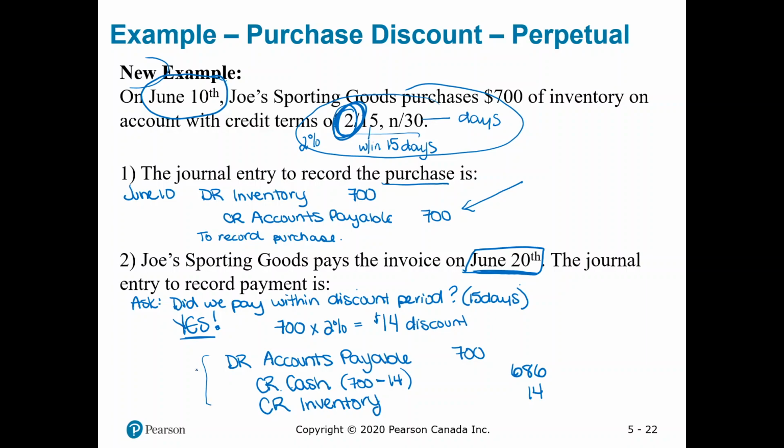You get rid of the full amount of AP. You record the discounted amount of cash, and then you credit inventory for the discount amount. And you put your explanation here to record payment within discount period to show why we're reducing the inventory here.